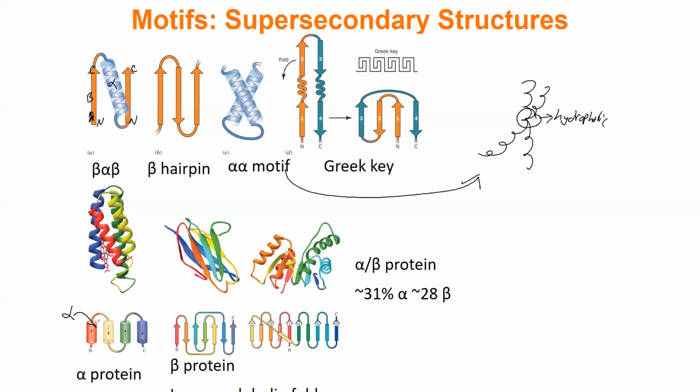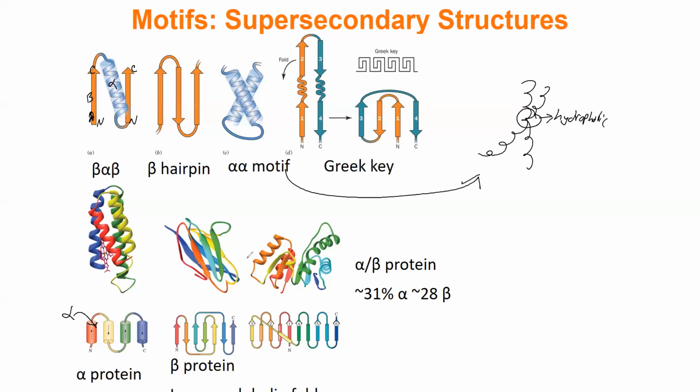And the color corresponds to where you're looking in the picture. You can have what's called a beta protein, which is just made out of beta sheets, or an alpha beta protein, which is made out of both alpha helixes and beta sheets.